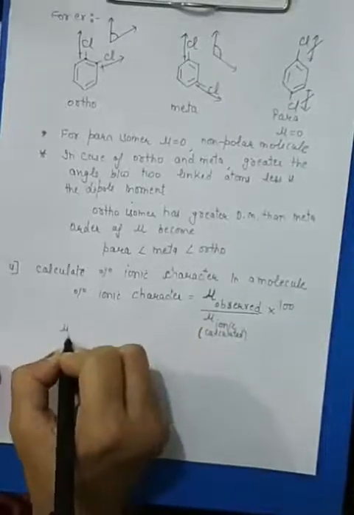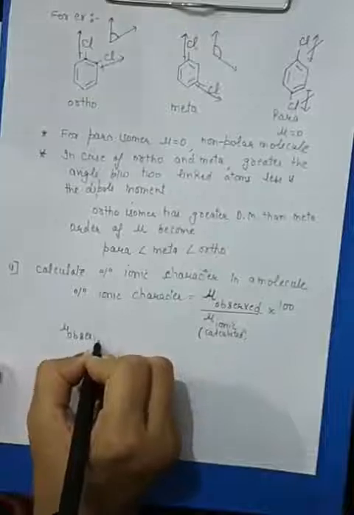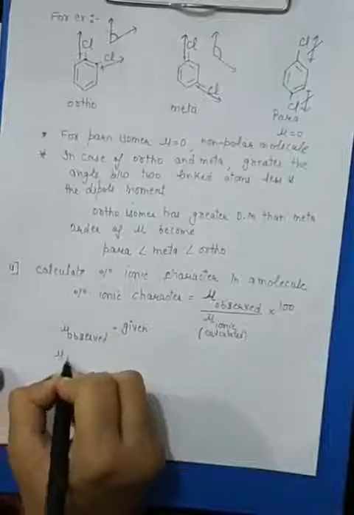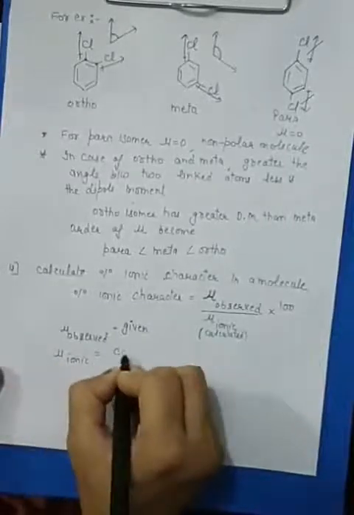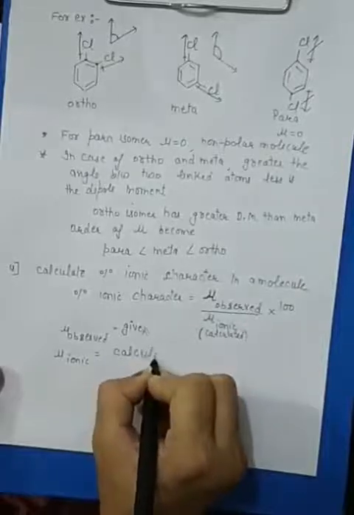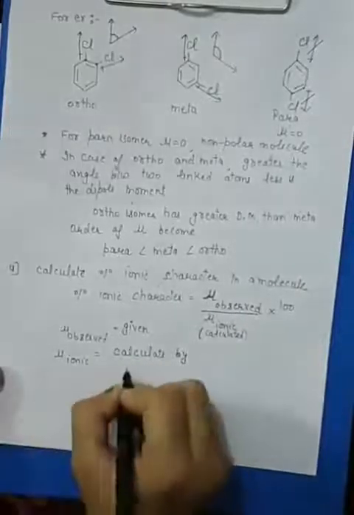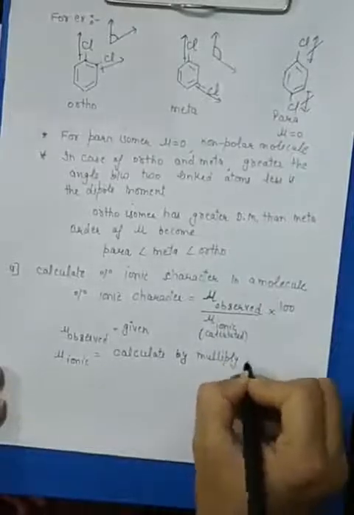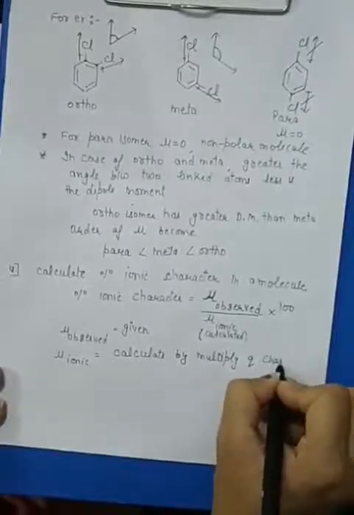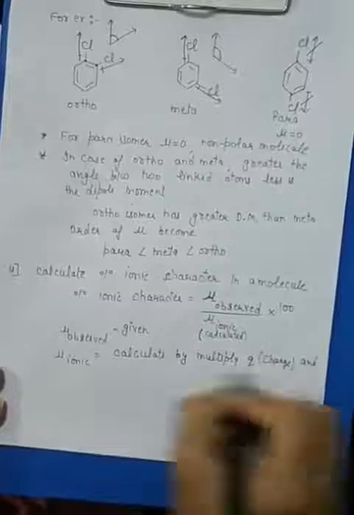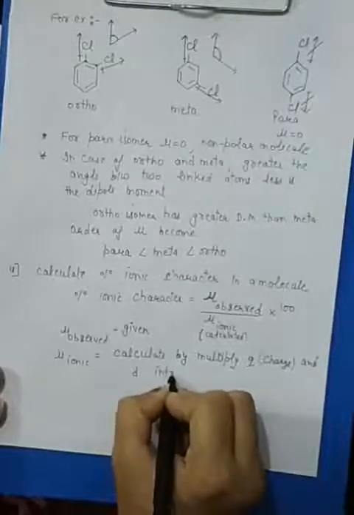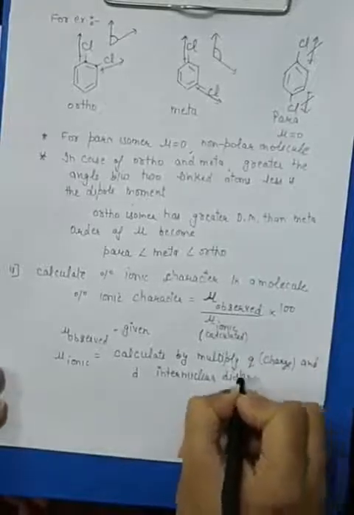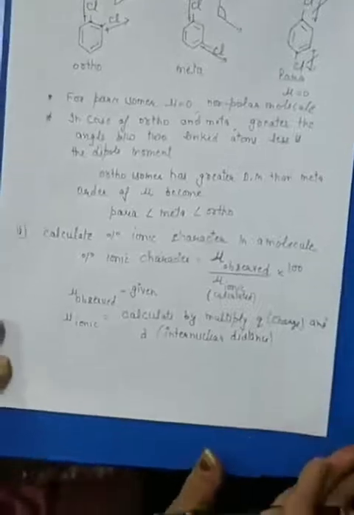So for this, mu observed is given in the question, and mu ionic is calculated by multiplying Q, that is charge, and d, that is internuclear distance. Let us take an example of this.